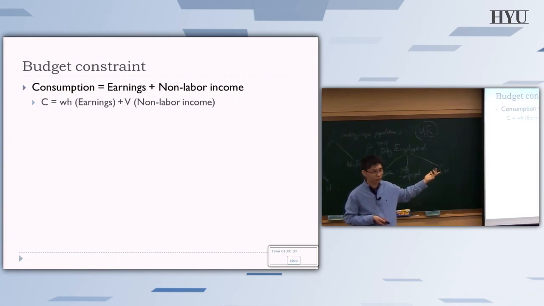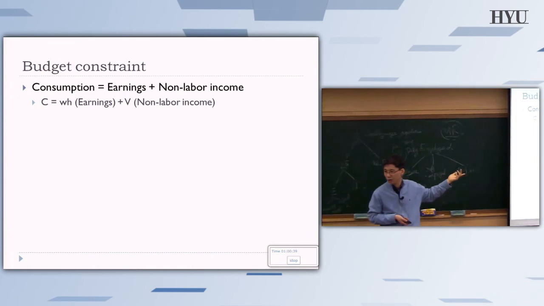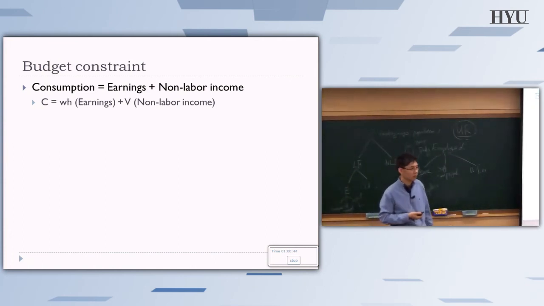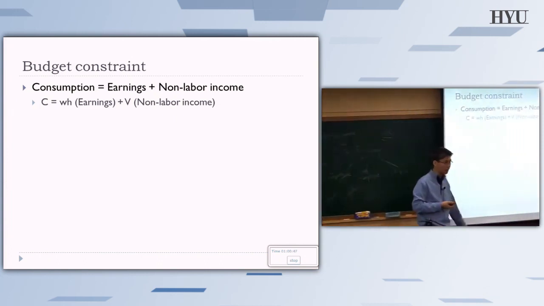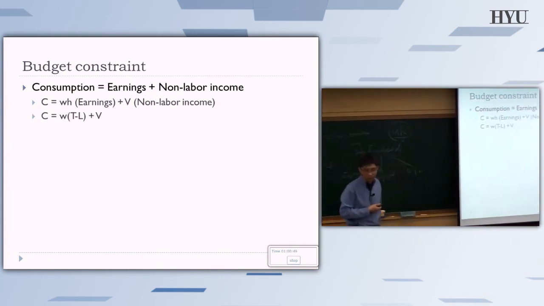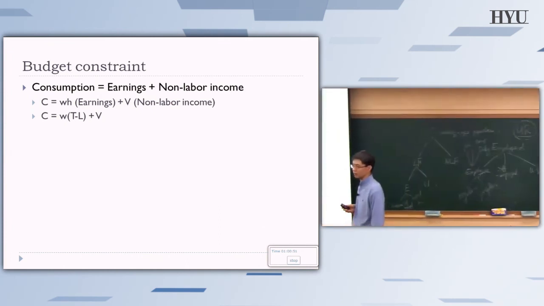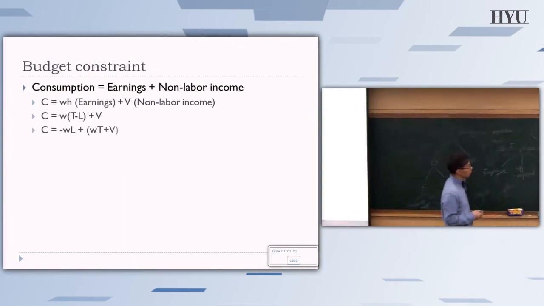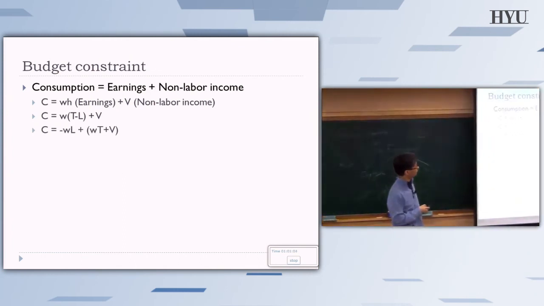We just replace H with T minus L. Then we have the budget constraint written with C and L. So C equals W times (T minus L) plus V. This is the budget constraint we work with. Or actually, we can write it like this, which is probably a little better: C equals minus WL plus WT plus V.